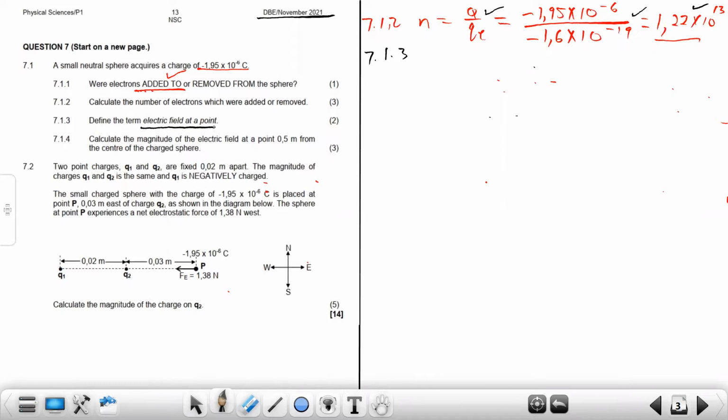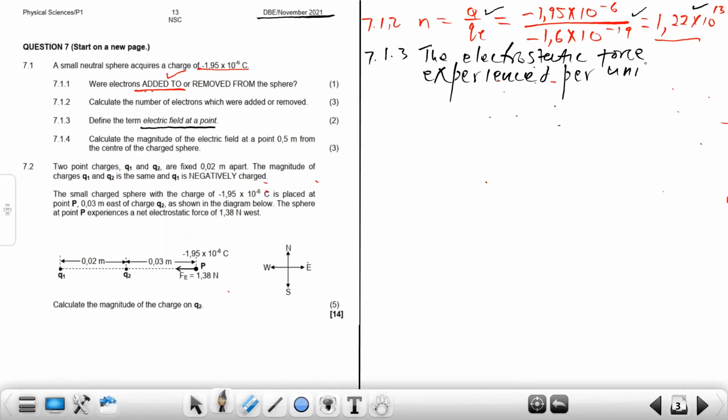So electric field at a point, it's the electrostatic force experienced per unit positive charge placed at that point, placed at that point.